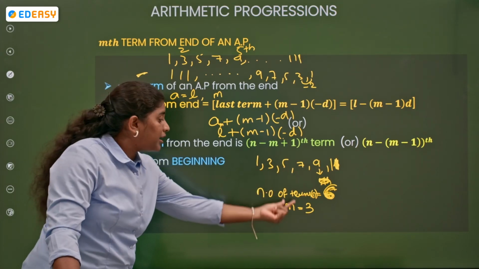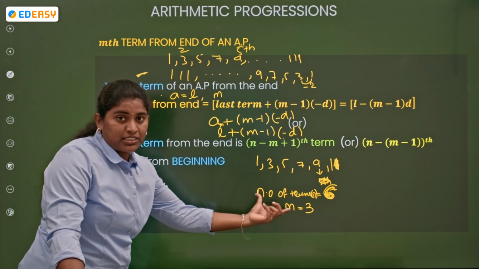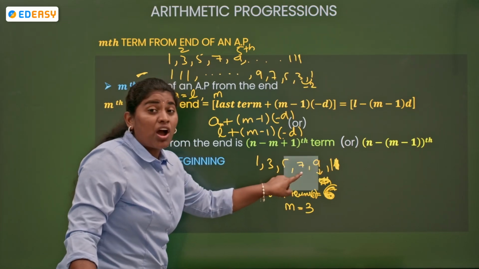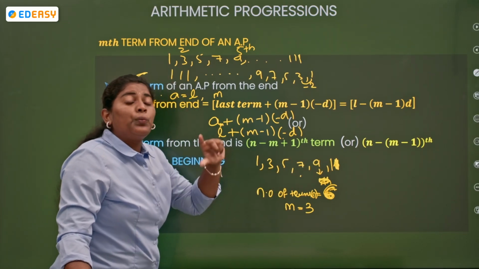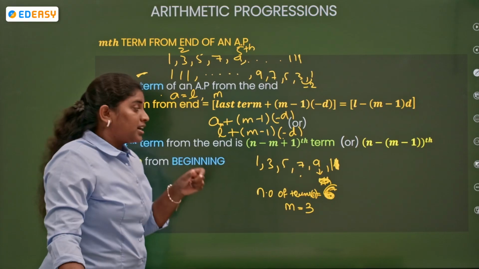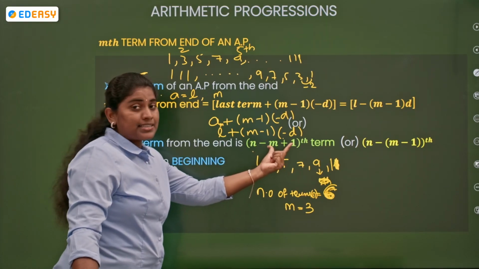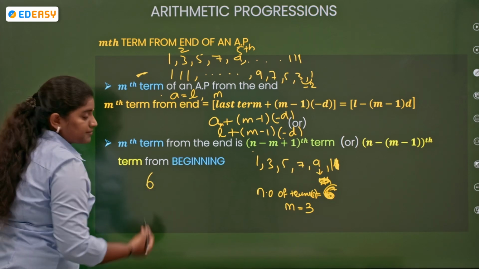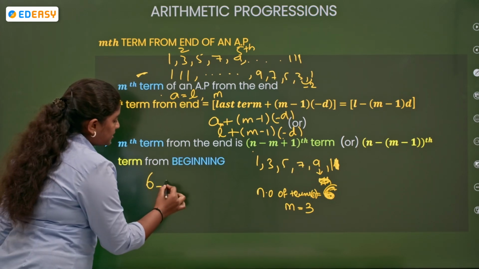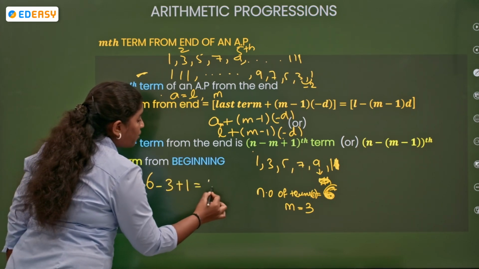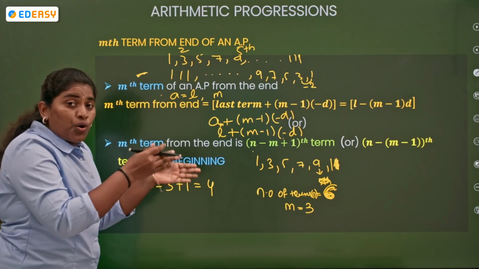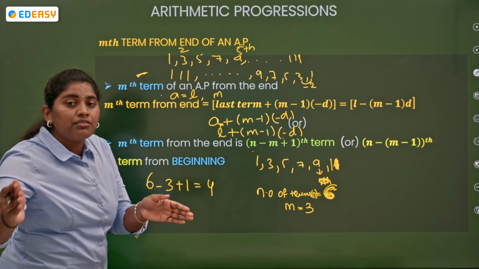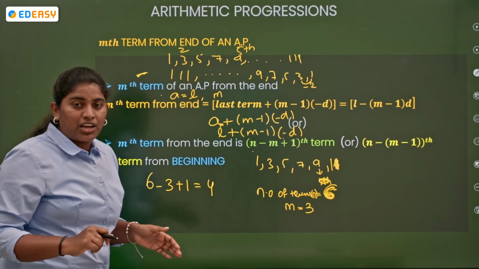From the last I need to find my third one. The third one from the last is 7. So how do we get that value? It is given by n minus m plus 1. What is your n value? 6, right? 6 minus 3 plus 1 is 4. So the fourth term from the beginning will become the third term from the ending. Understood?